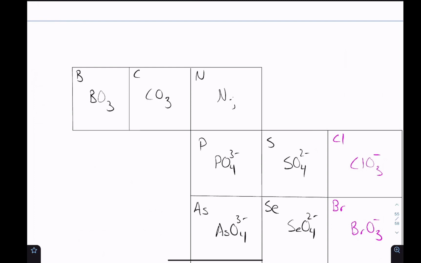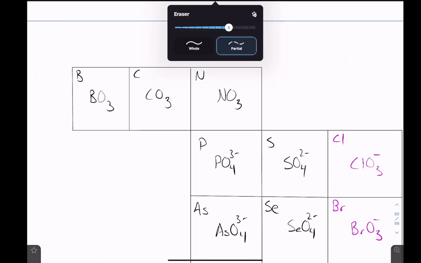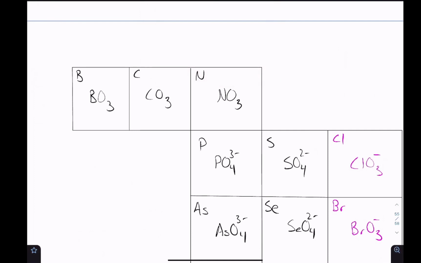That's not nitrate. That's nitrate. Now, the trend that gets bucked here is the charges. Instead of having the same charge as the group number they're in, or what their element would normally form, nitrate is a 1 minus, carbonate's a 2 minus, borate's a 3 minus. So it goes 1, 2, 3. There's still a pattern.